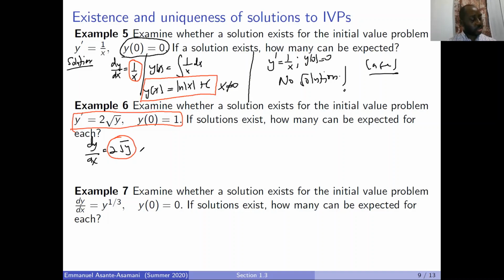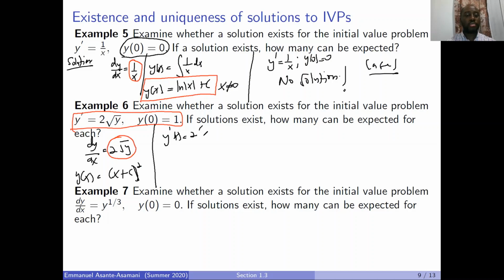Okay, so I'm going to just go straight ahead and put down what the solution for this problem looks like, and then later on we will verify it. Okay, so the general solution has the form y of x equals (x plus c) all squared. We can verify that this is true by differentiating that.